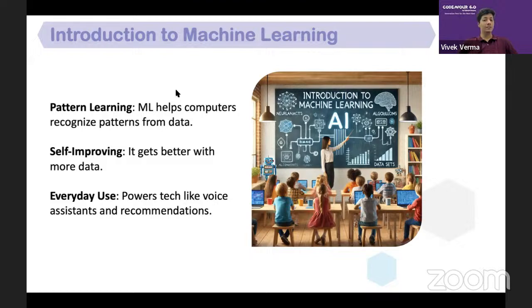Some are doing manually, some are doing automatically. So these types of robots or machines which can learn by themselves or from their mistakes, without being explicitly programmed, are categorized as machine learning.